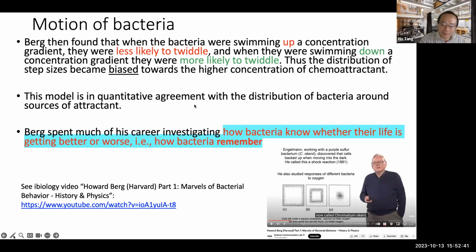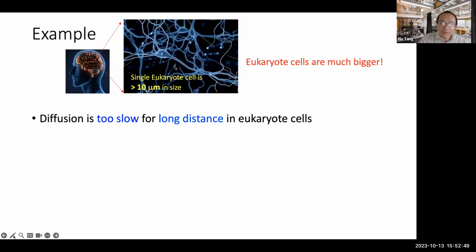Now, if we apply the same principle to larger cells, for example, a neuron. In our body we are eukaryotic. We have eukaryotic cells, and those cells have a larger size. Remember in the previous lecture I showed a picture of a cancer cell, 20 micron, 30 micron.